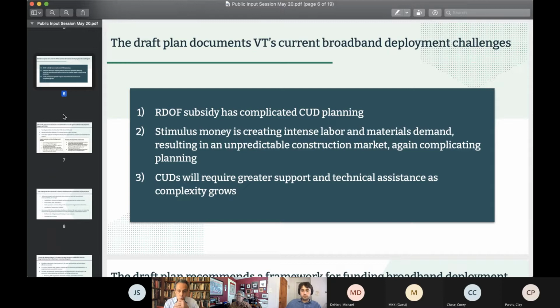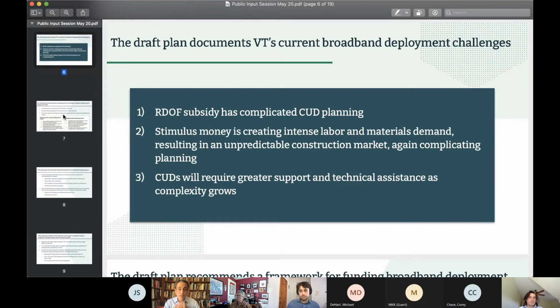There's a labor shortage now, even before we get started, as well as a materials shortage, and it's going to accelerate. And CUDs will require greater support and technical assistance as the complexity grows. To be clear, some CUDs are in very, very different stages of maturity and sophistication.